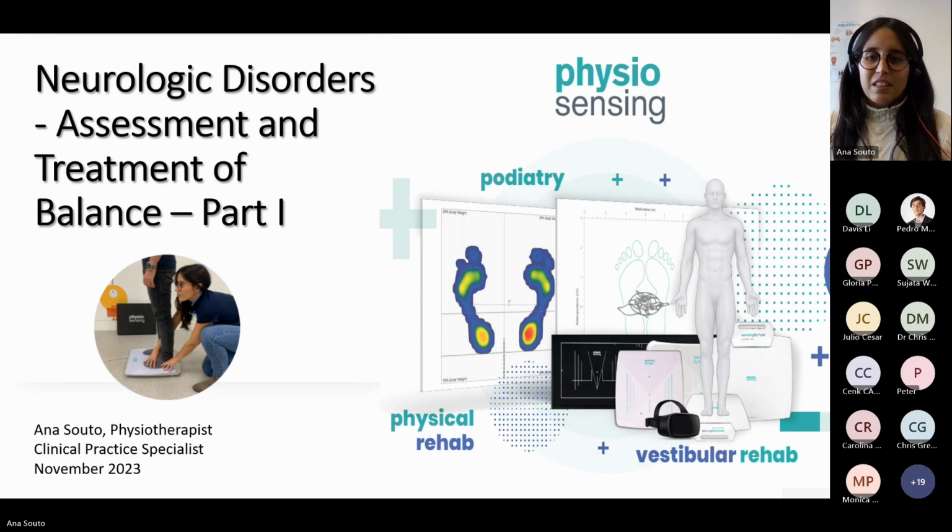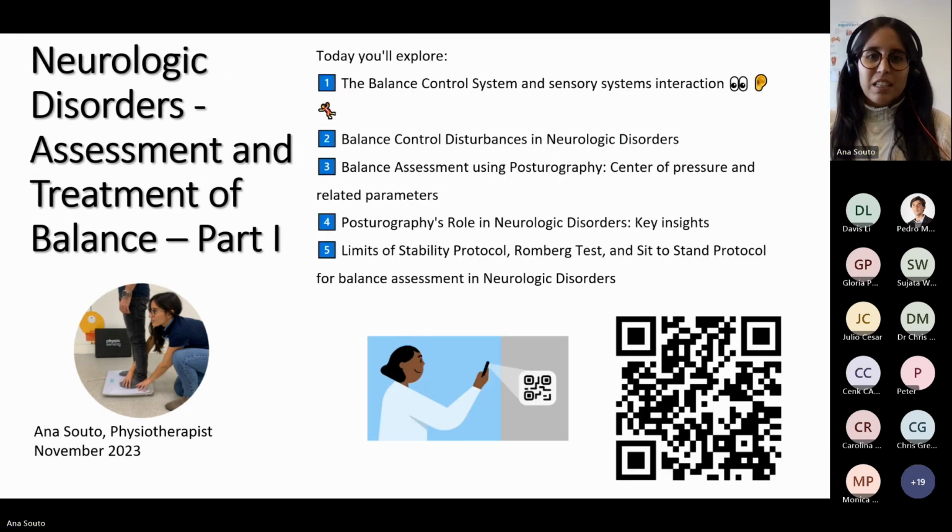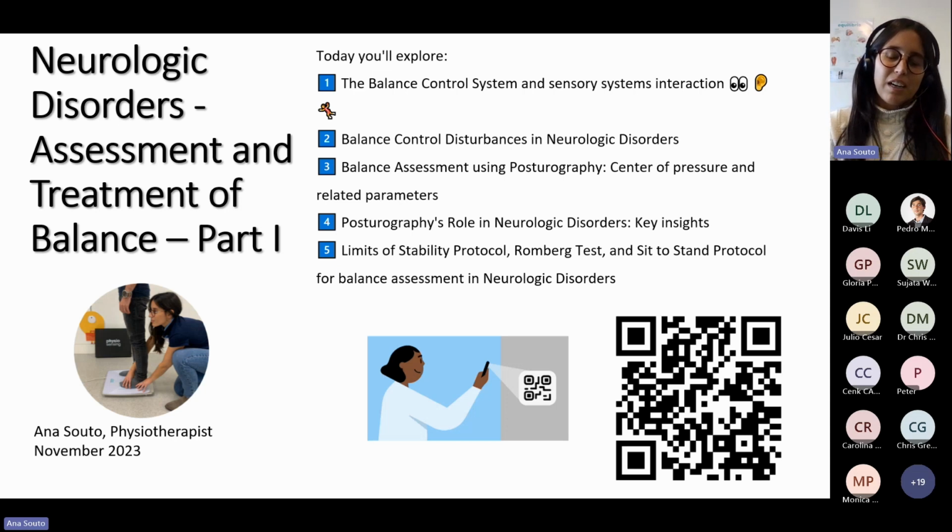So today's webinar is going to be about balance disorders and the assessment of balance disorders within the neurologic disorders context, and we will explore some topics. We're going to talk about the balance control system and the sensory interactions between these systems, and the balance control disturbances in neurology.